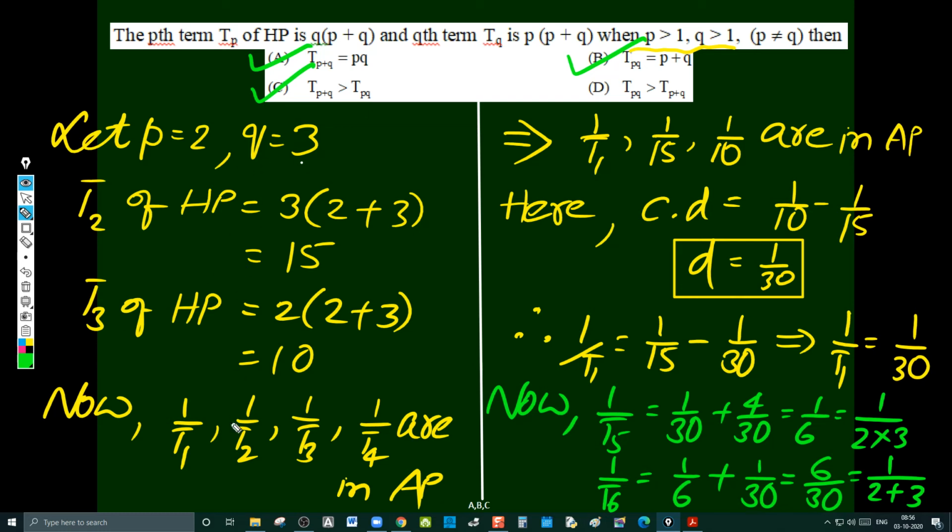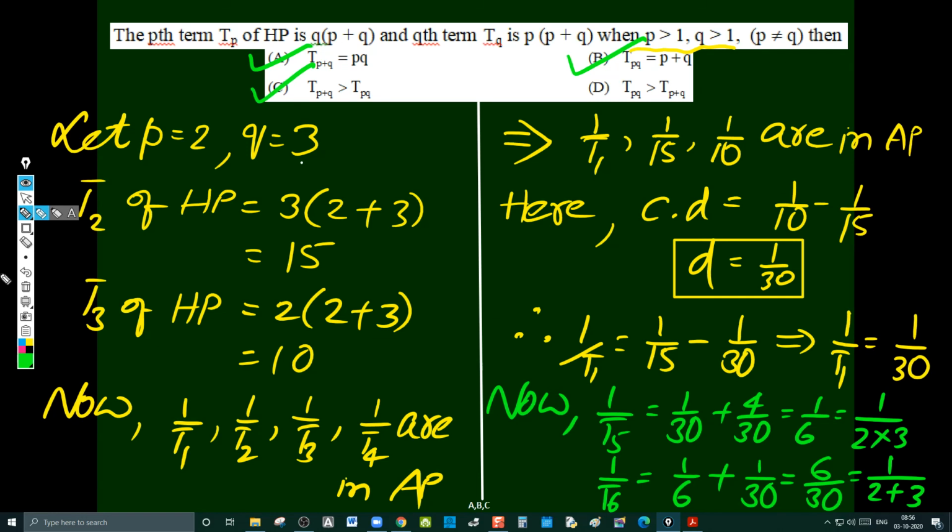You write in the same manner for this one. Instead of T2, T3, you'll be writing 1 by Q into P plus Q. And T3 place, you have to write 1 by P into P plus Q. Find the common difference. Same method. I took numbers, that's it. Same method. No change at all.